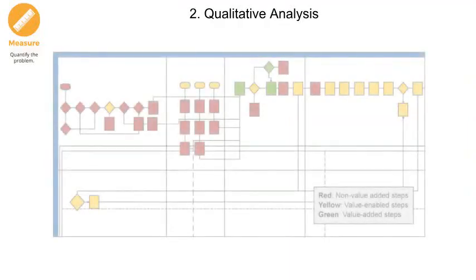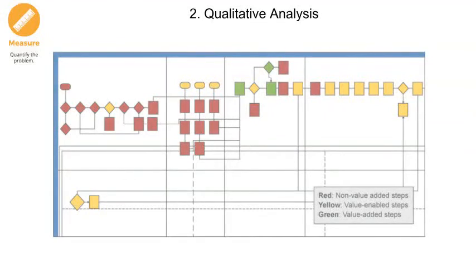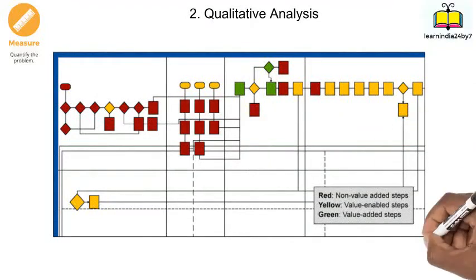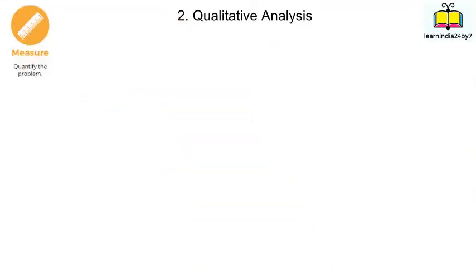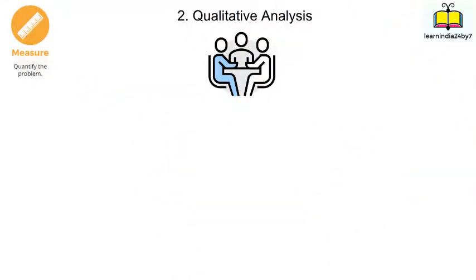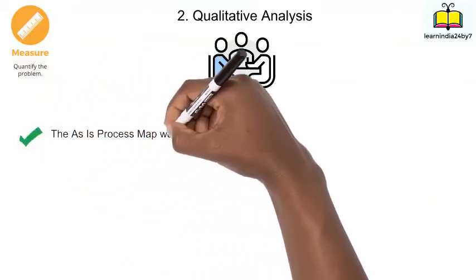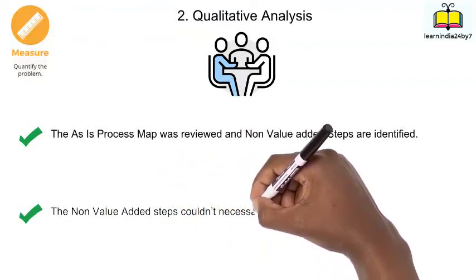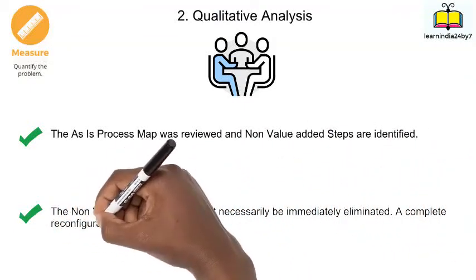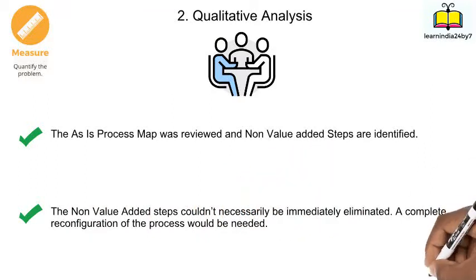In order to make the current process efficient, it was necessary to review the as-is process map. So subsequently, the team reviewed the as-is process map to identify non-value added steps. The non-value added steps couldn't necessarily be immediately eliminated.